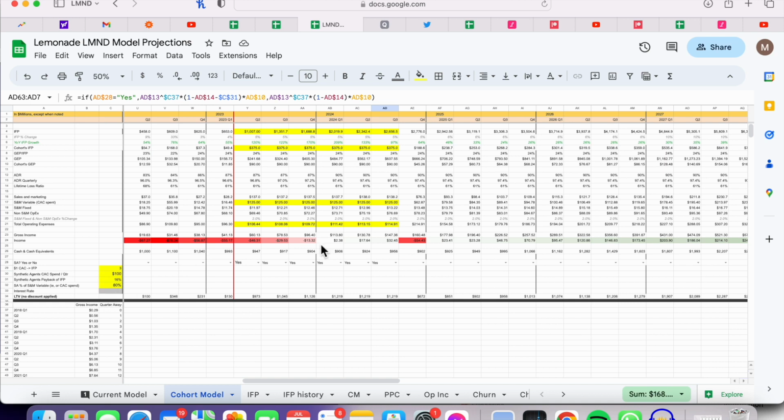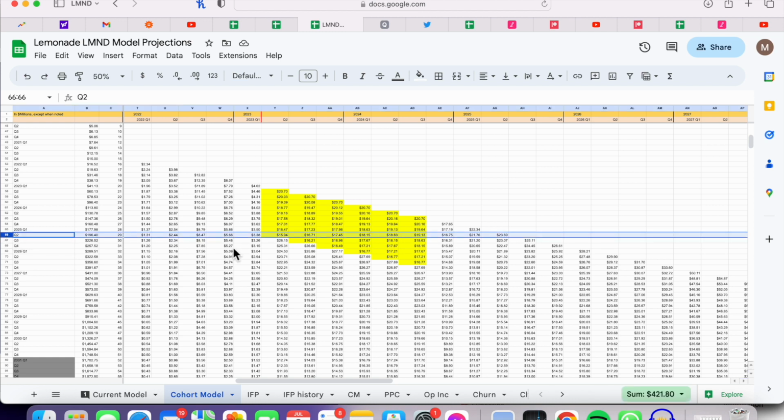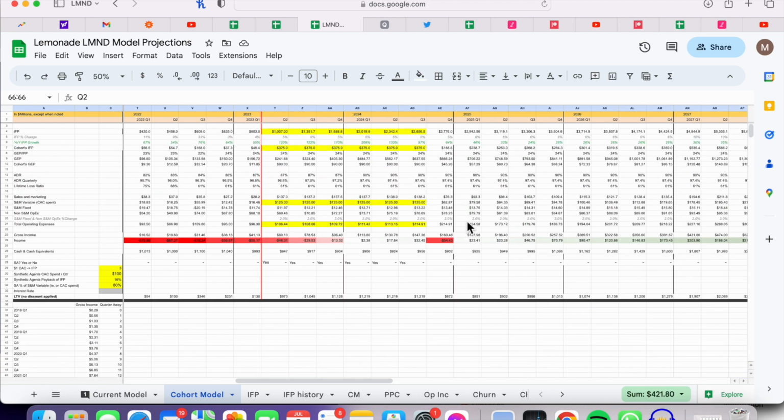Maybe you're sacrificing some profitability later on, but as you get down to say this quarter, 2025 Q2, if you just kept stacking these synthetic agents, you're actually going to be hurting these values across here, but you're pulling so much of that forward into the present, because you can drive more growth faster and sooner, that you reach profitability much sooner.